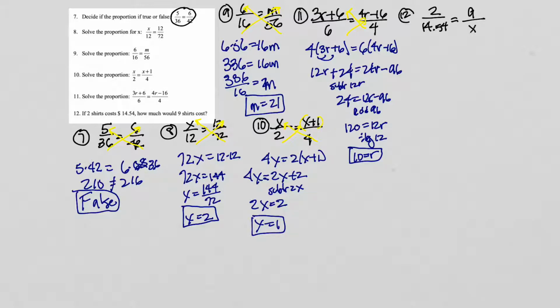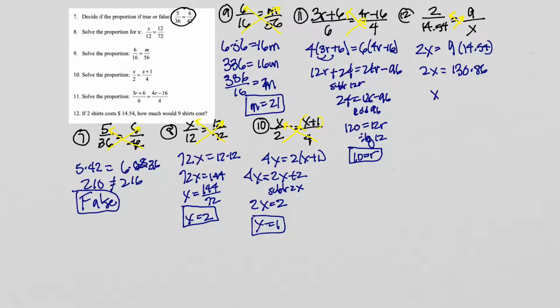Well, we don't know right now, so how about X? There's our proportion, and we can use our cross multiply technique, which is going to give us 2x equals 9 times 14.54. That'll be 2x equals, now 9 times 14.54 when I did it, I got 130.86.